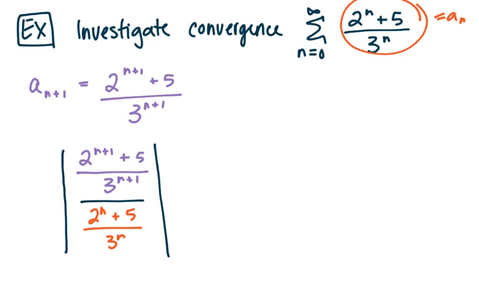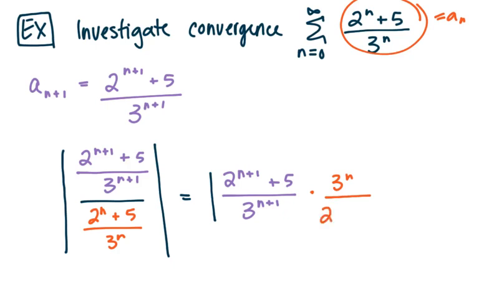So first thing to do when simplifying this, we're going to copy, change, flip. Remember, division is multiplication by the reciprocal. So this is the absolute value of 2 to the n plus 1 plus 5 over 3 to the n plus 1 times 3 to the n over 2 to the n plus 5.